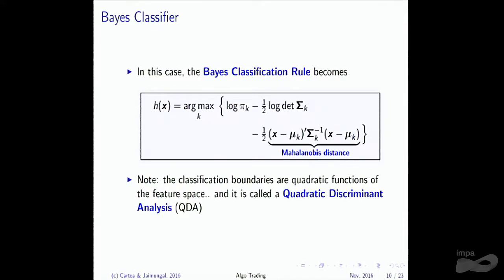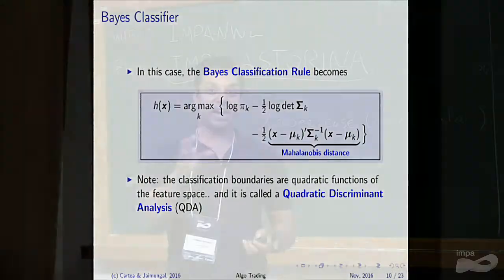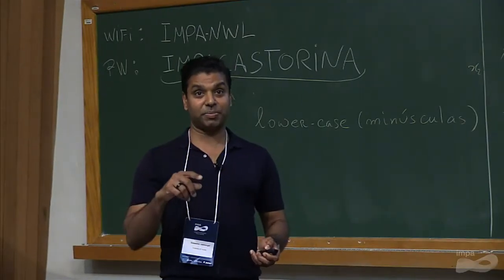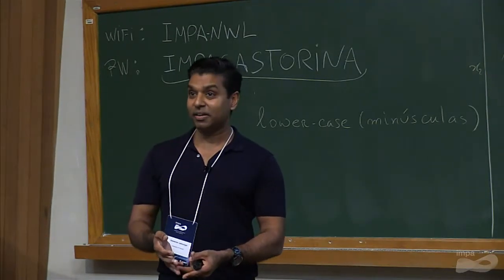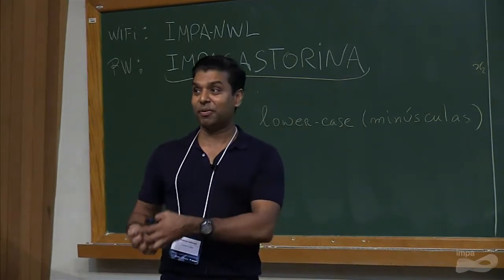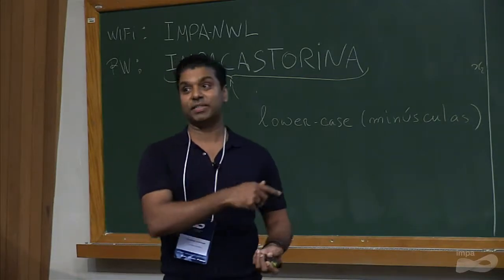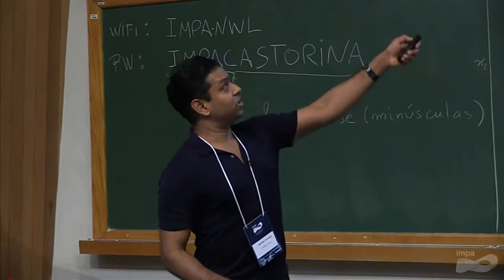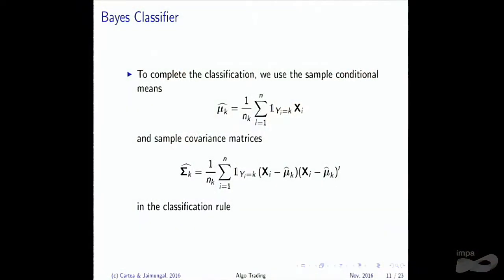Given these labeled data, I could simply look at all data that's labeled as dot, take those points in feature space, and look at the empirical mean and the empirical covariance matrix from that, and that's an estimator of the parameters that I would put into my classification algorithm. So you just take mu hat and sigma hat, sum them up, but only those that are in class K, take those averages, and that sets up our class.